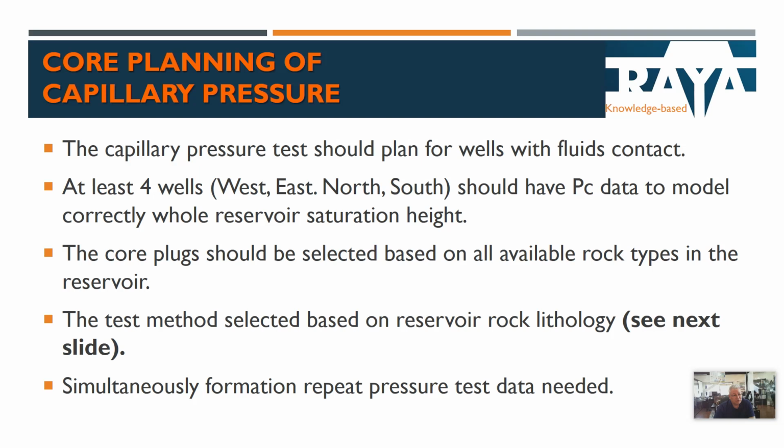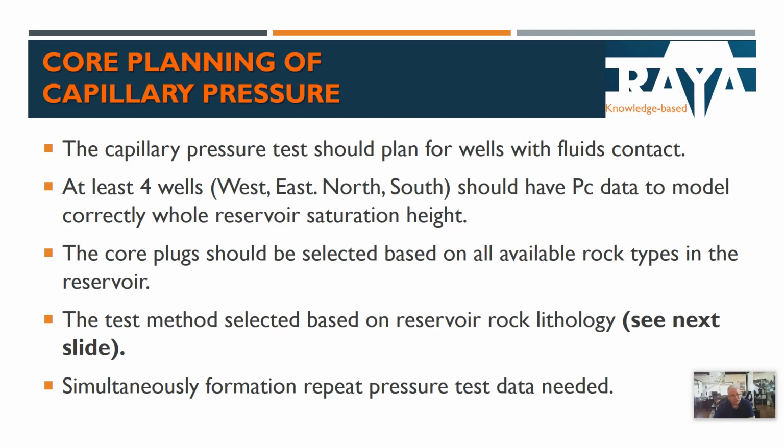formation repeat pressure test data also have to be recorded and planned in the core program, because for an accurate saturation height model, we need to know exactly where the depth of the free water level is located.